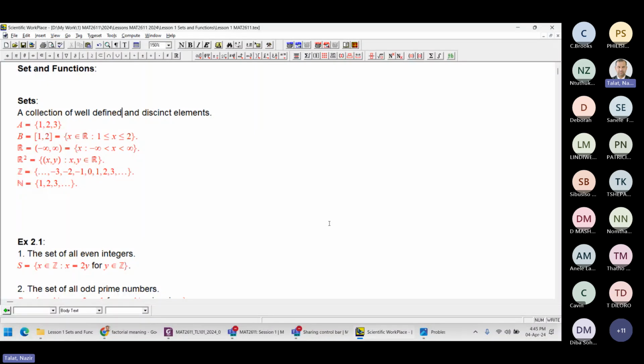Well-defined means all those elements which are properly defined. You cannot make a collection of those elements which are not well-defined, or ill-defined. For instance, if it may be happening or not, if the element is doubtful, then it can't be included in any set.